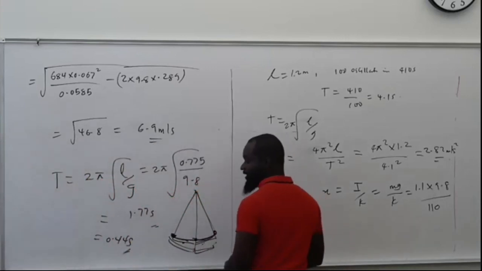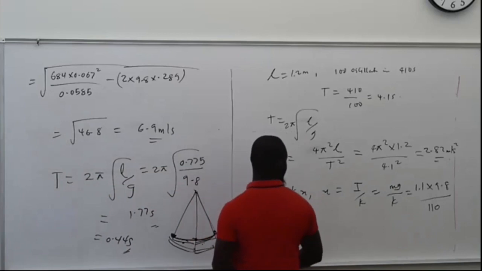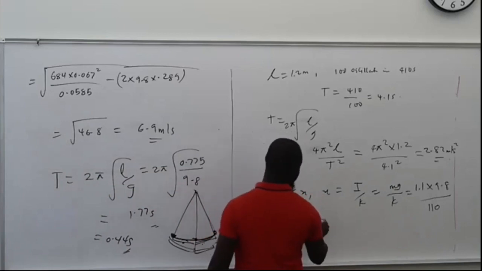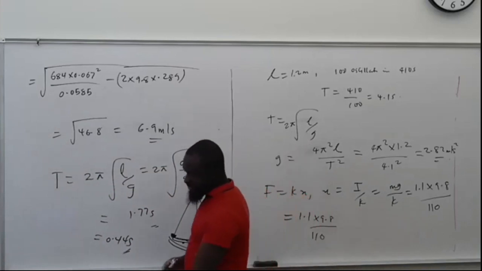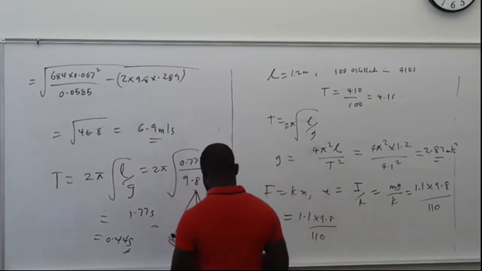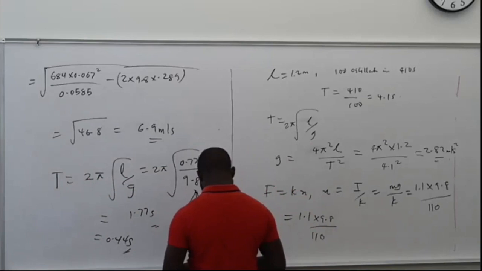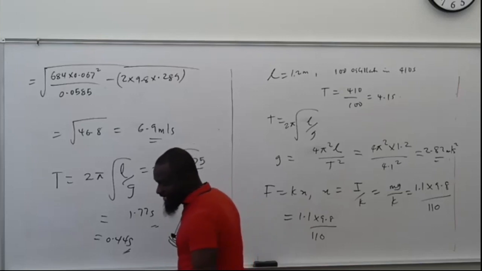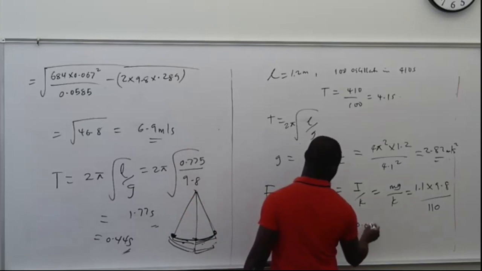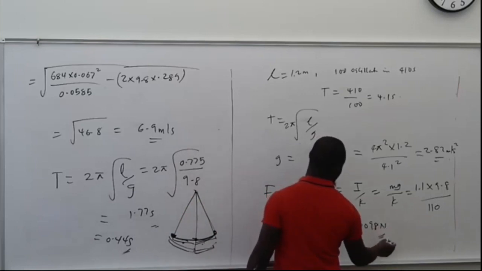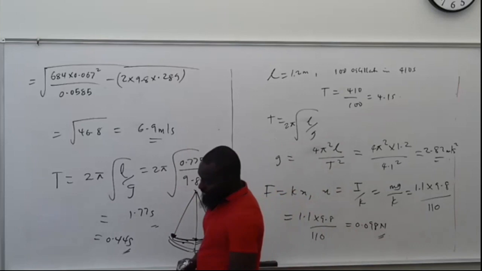So this is the A part. I know you guys can see me. So it becomes 1.1 times 9.8 over 110. Let's do that, see what we get. 0.098 newtons.